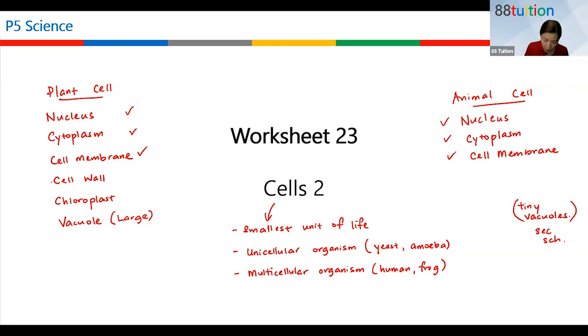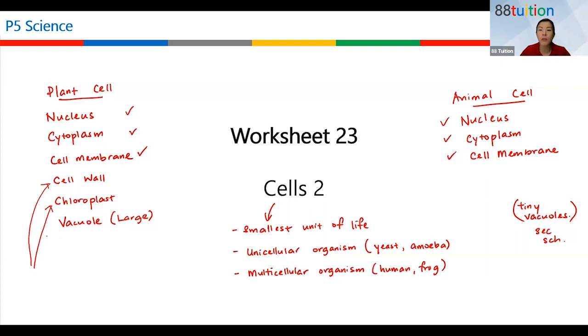You will also notice usually these are being referred to when you mention differences. What's so special about this cell compared to the animal cell? You will always be referred to the chloroplast and the cell wall if you are sharp enough. You will see many questions just talk about these 2 parts only.